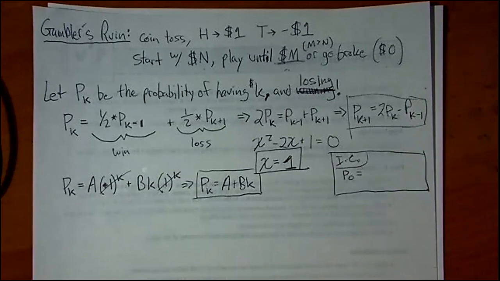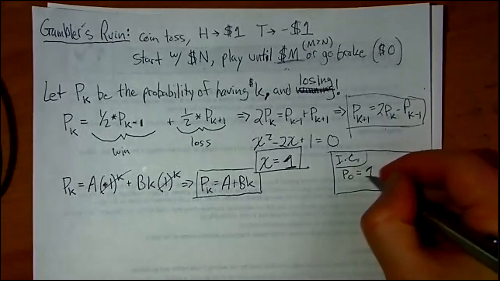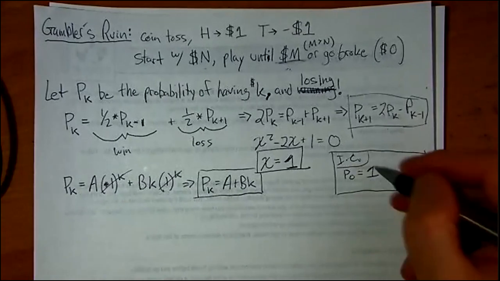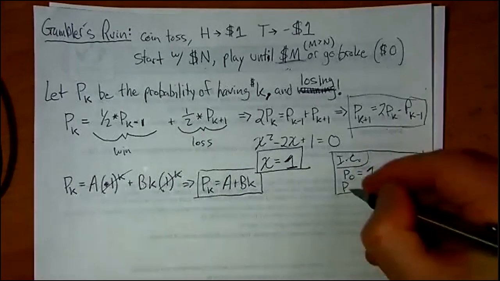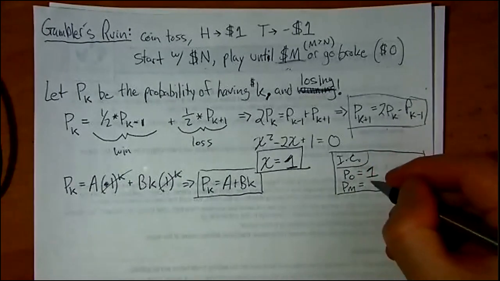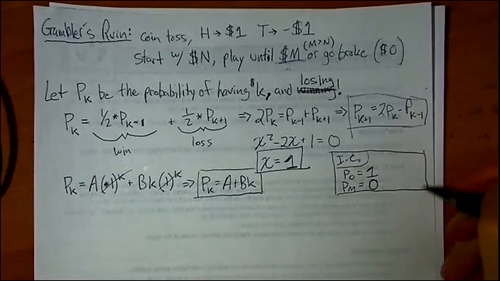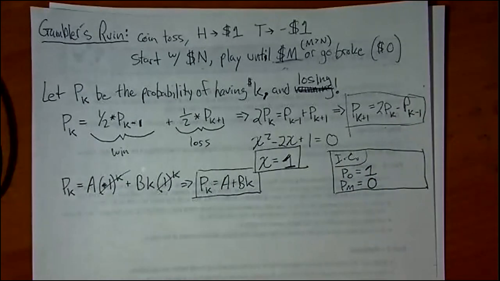Yeah, the opposite of what you wrote. The probability of having $0 and being ruined is 100%. If you get $0, that by definition means that you're ruined. But if you have M dollars, that means that you stop playing. So there's 0% chance of you being ruined because you won the game. You made as much money as you wanted to, and now you're going to stop.